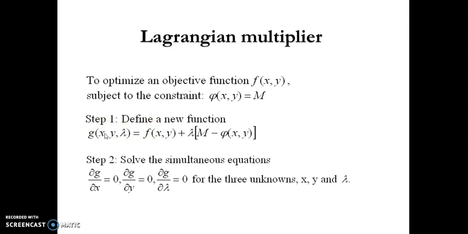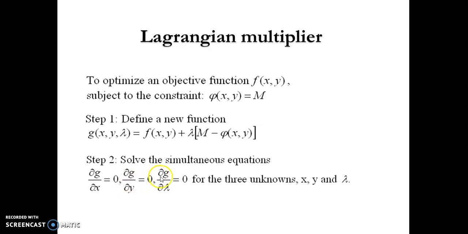The next step is you need to solve simultaneously with these three equations, and you obtain them by getting the partial derivative of your new function, first with respect to x, so in your case with respect to labor, with respect to y, so that would be with respect to capital, and then lastly your final partial derivative of this function with respect to lambda.